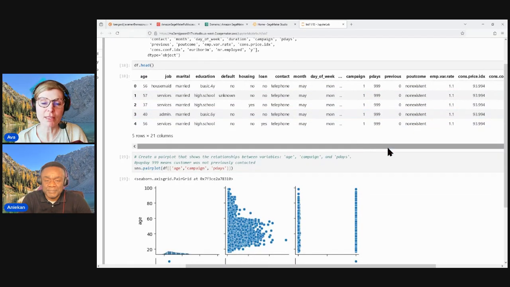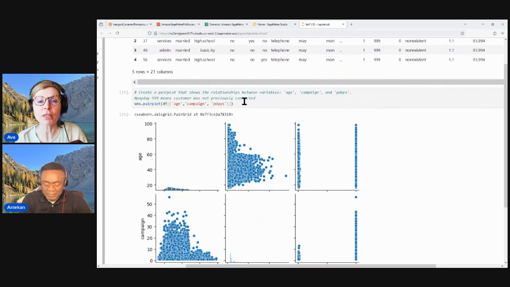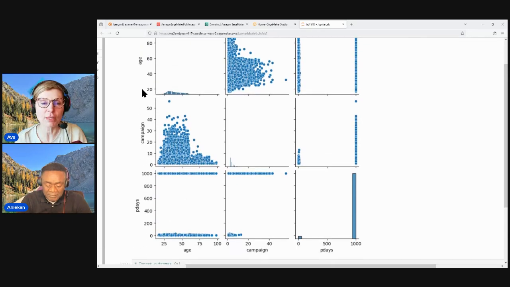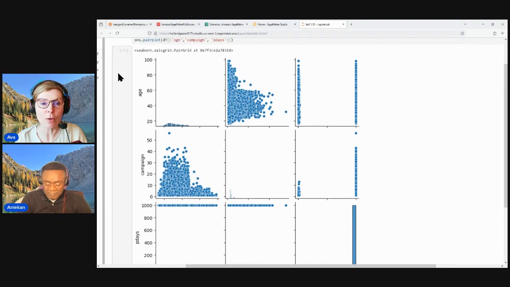Also, as we mentioned previously, you can use some visualizations to quickly get a sense of the data. This is not yet using Clarify, but in this case it's a pair plot. Even if we just look visually, the x-axis is going to be, let's say, campaign, and then the y-axis is going to be, in this particular plot, the age.